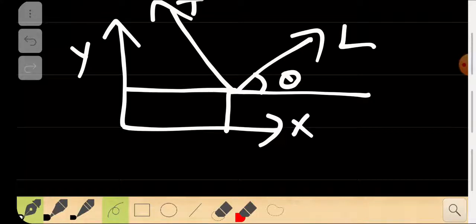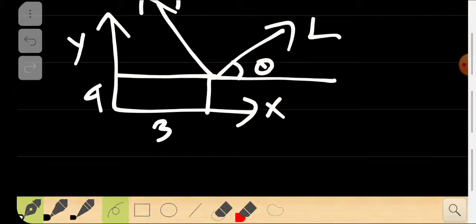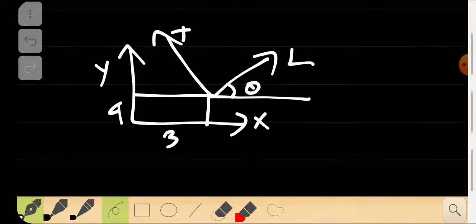Let's call this 3 and 4. If it was 3 and 4, you know all this, and you need to find out what vector r is in the coordinate system x and y.